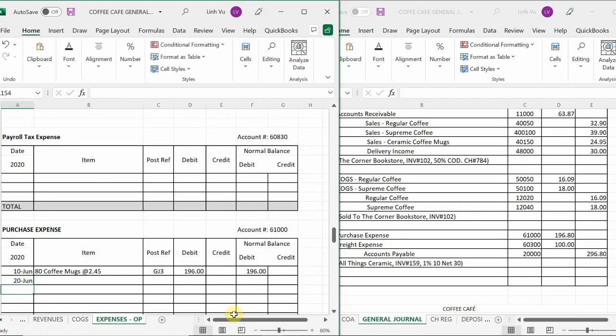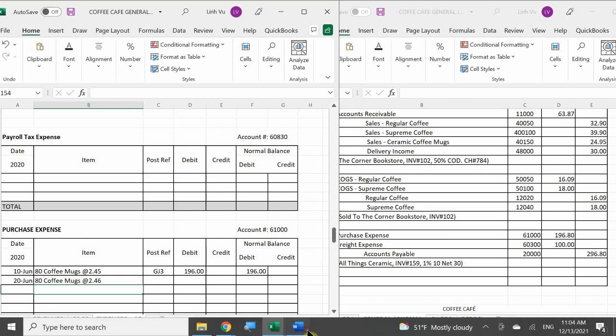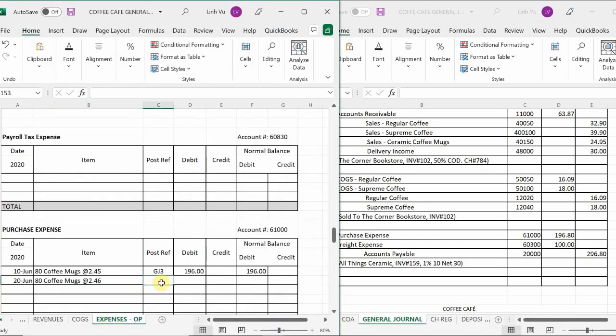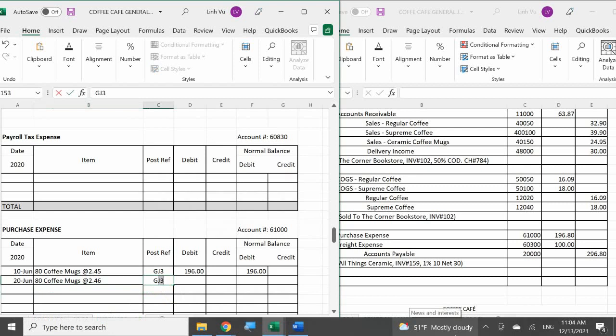It's June 20th now. We received ceramic coffee mugs, but this time I think it was $2.46 each. General Journal 8 for a total of $196.80.